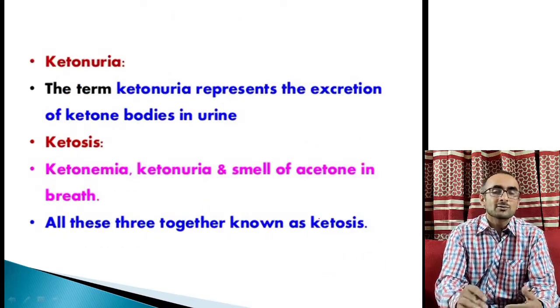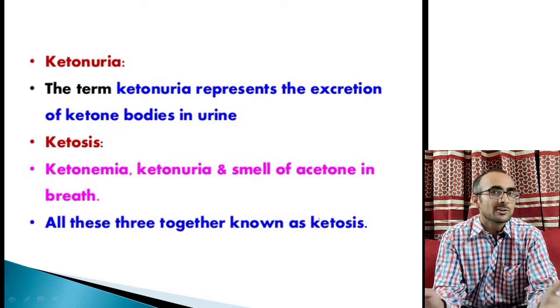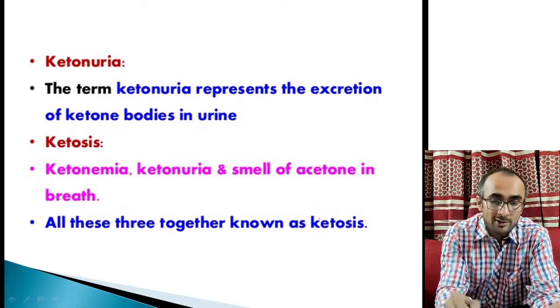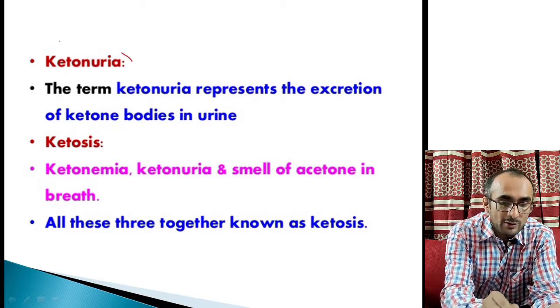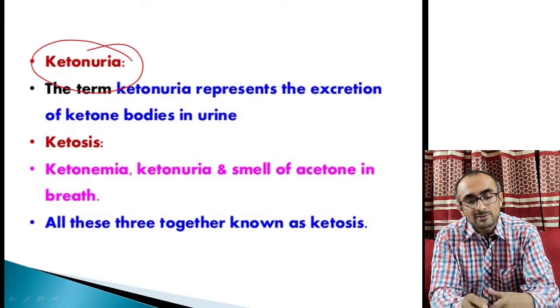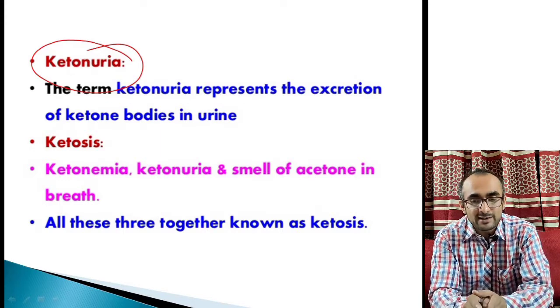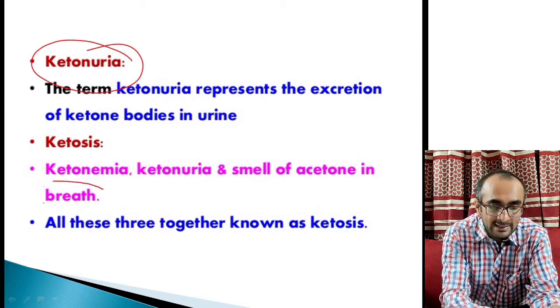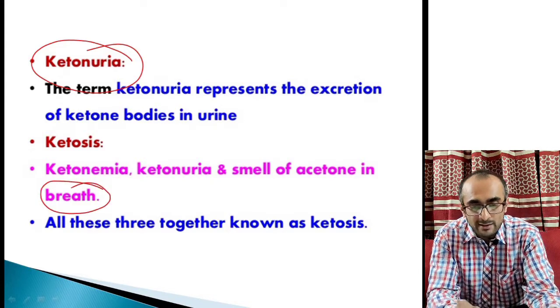After ketonemia, when you have a high concentration of ketone bodies in blood, they are also excreted in urine in high concentration, and that's called ketonuria. At the same time, a high concentration of ketone bodies in blood gives rise to a smell of acetone in the breath, a fruity smell.